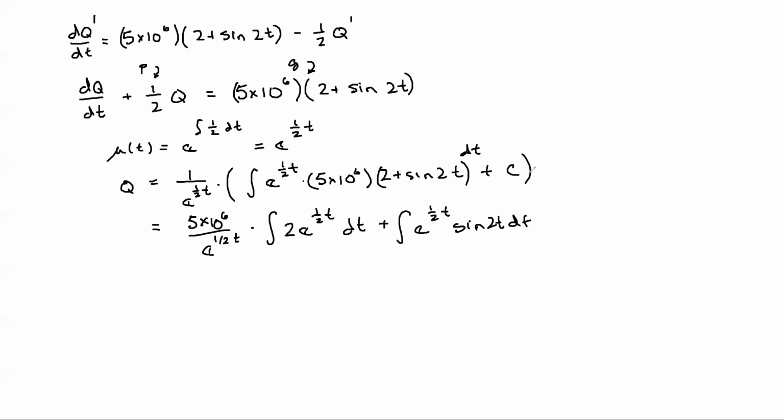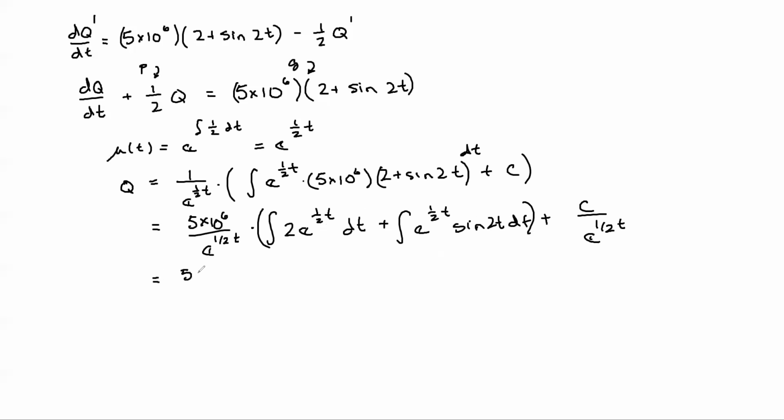And then we can also take the C here and distribute that out to get it out of there. And so we'll have plus C over e to the 1/2 t. And so we end up with just needing to find these two things.